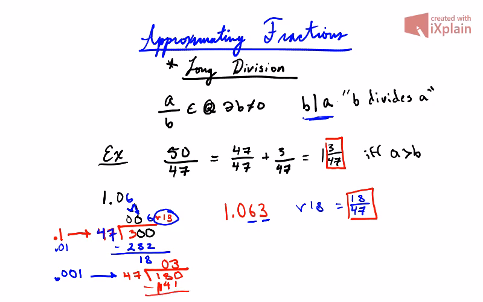And then you've got 39 left over. So you got 39 remainder divided by 47. So now I found that 3 right there.